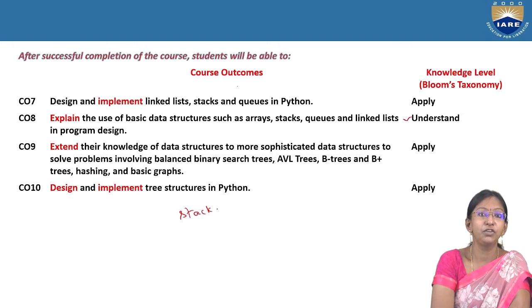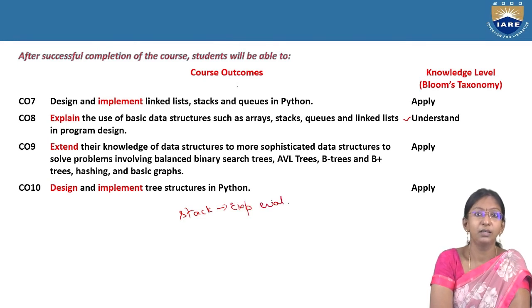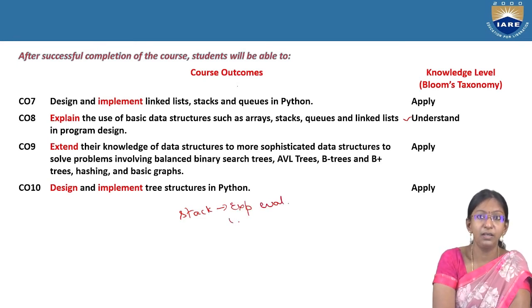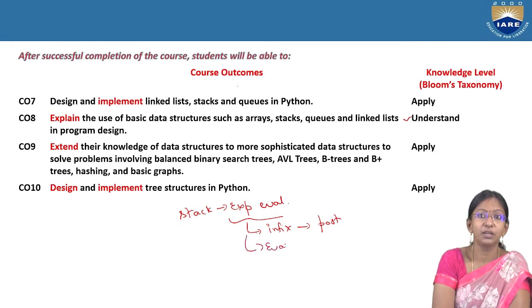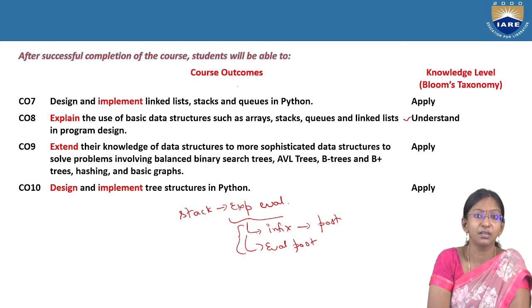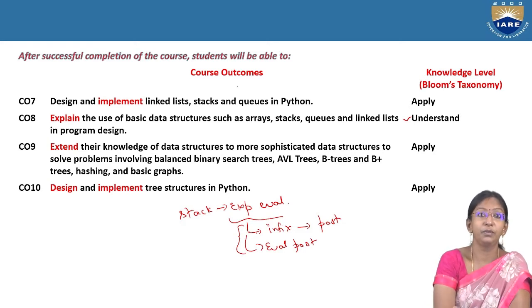The basic application of stack will be expression evaluation, right? For this, the first step will be converting the given infix to postfix and then evaluating that postfix. In these two steps, we'll be using stacks. Is that not problem solving, right? And one more application is shortest path.